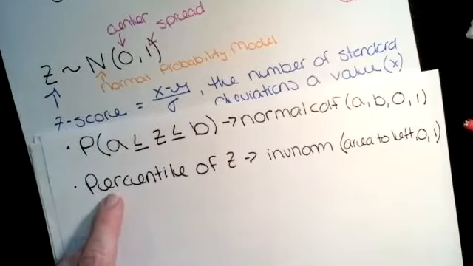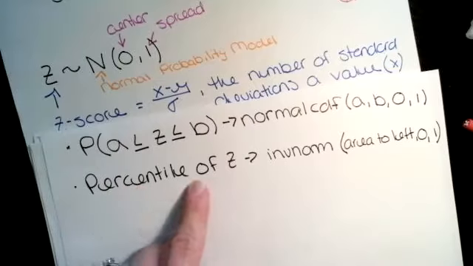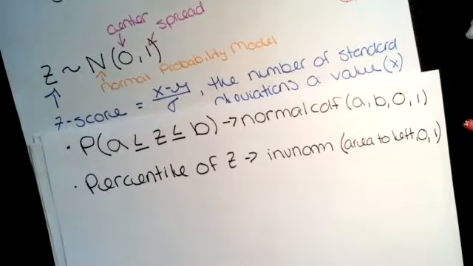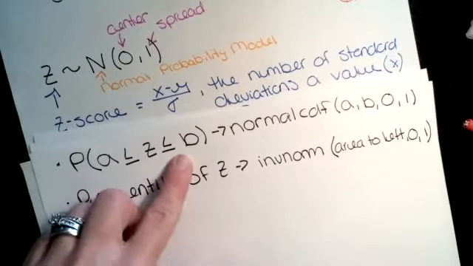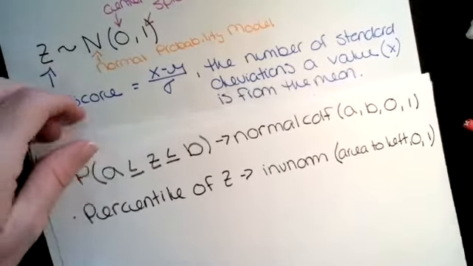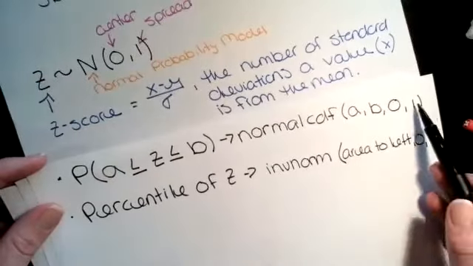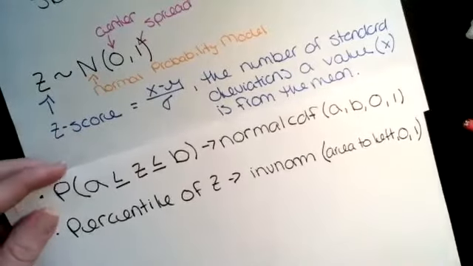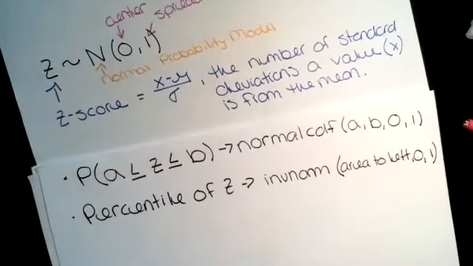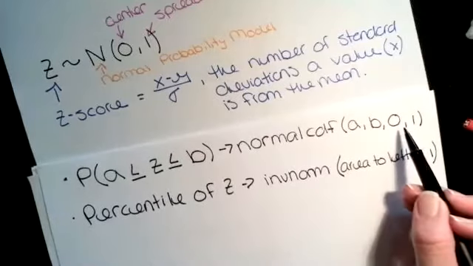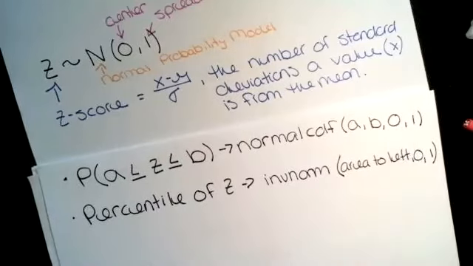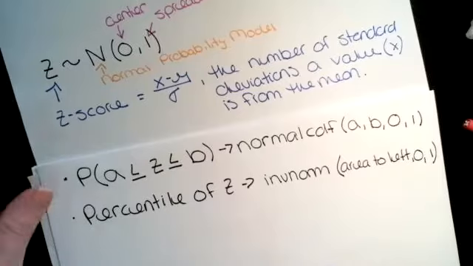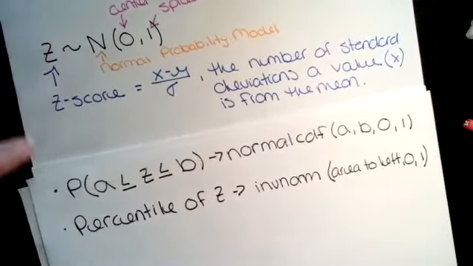We don't really have a specific form to write out percentile of Z. We just write it more like a statement instead of a probability format. So these are the same as last class. It's just now you're using 0 and 1 for center and spread. If you use Minitab, you may have noticed, if you've tried it already, that 0 and 1 automatically pop in there for your center and spread. And for last class, you would have had to change it to whatever your mean and standard deviation were.